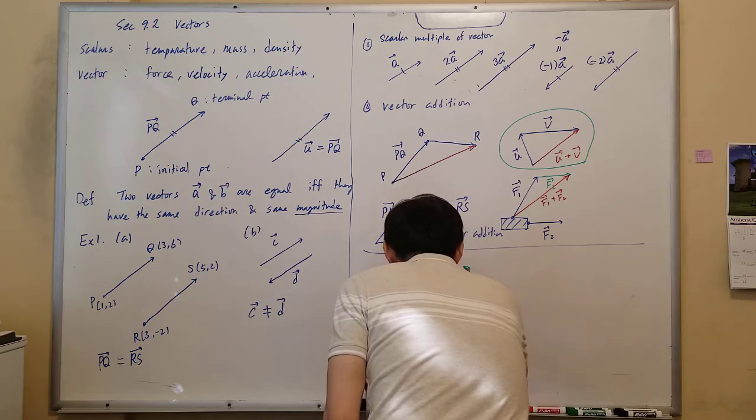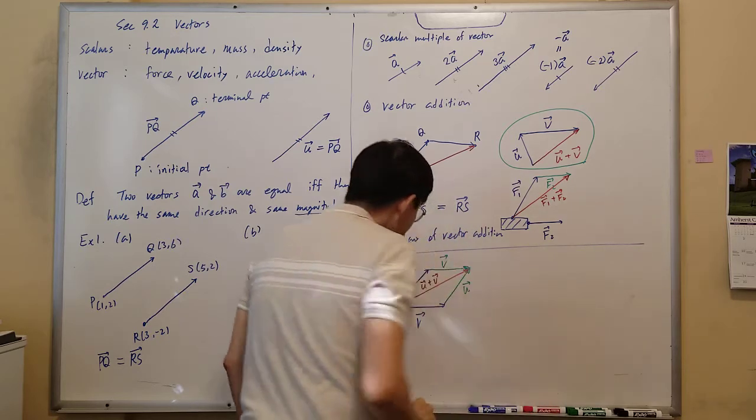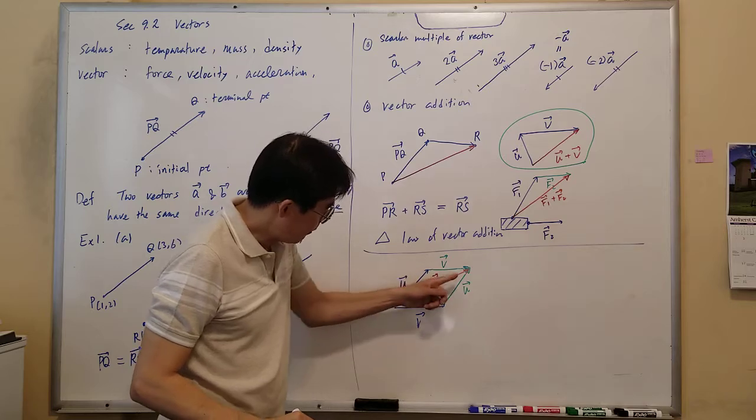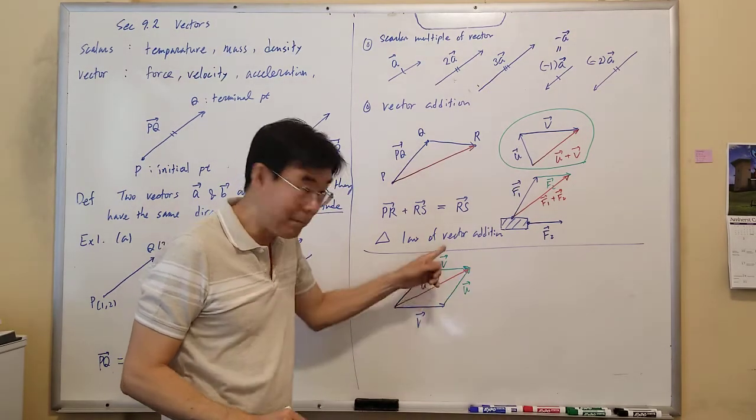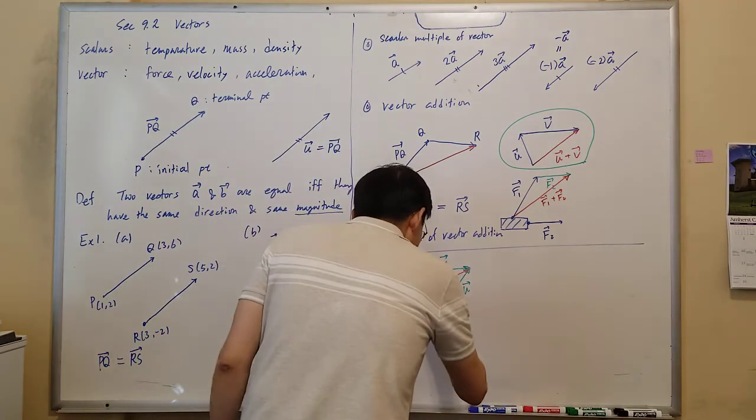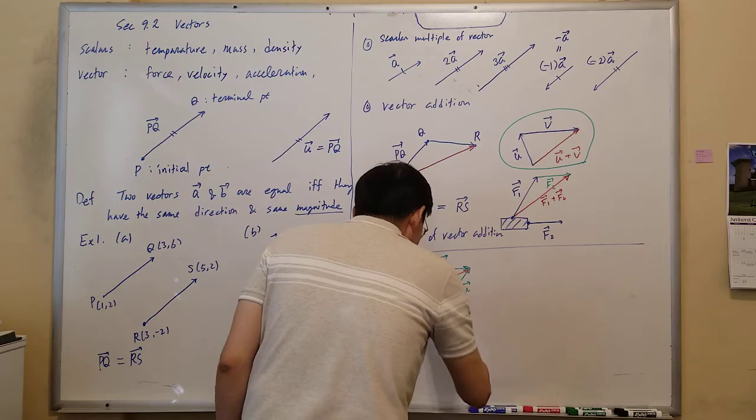This is u plus v. Okay, u followed by v. Here, v followed by u. Same thing, right? So u plus v is actually v plus u.